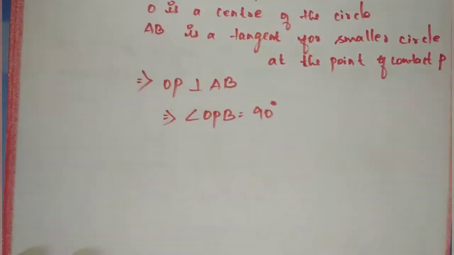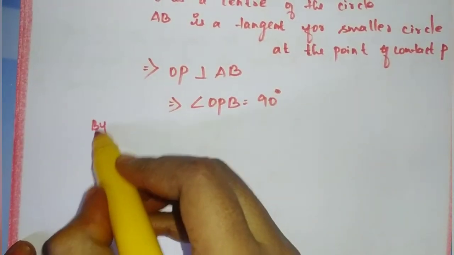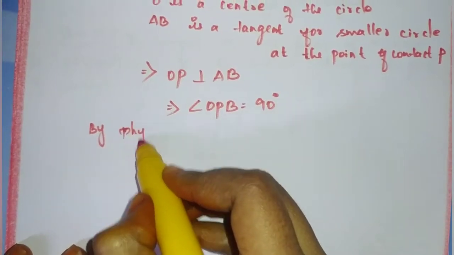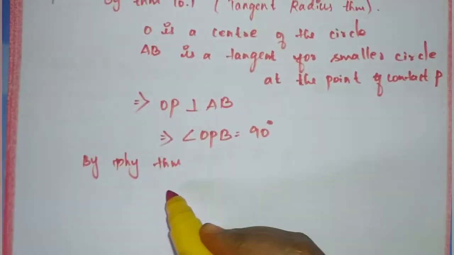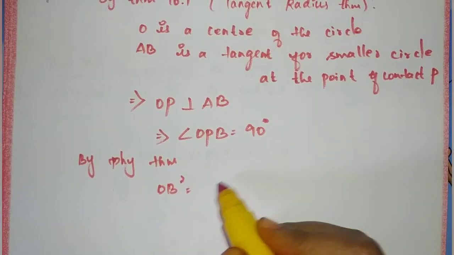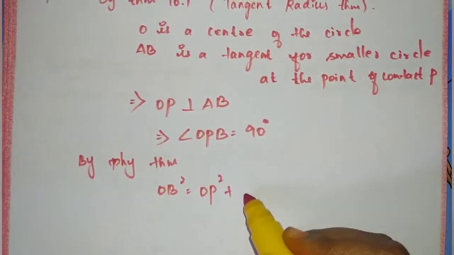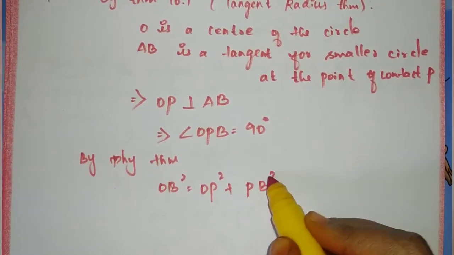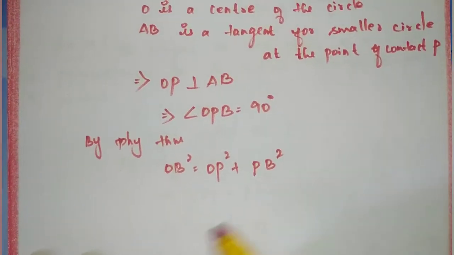Clear, children? So by Pythagoras theorem, OB square is equal to OP square plus PB square. We have to find this PB only.